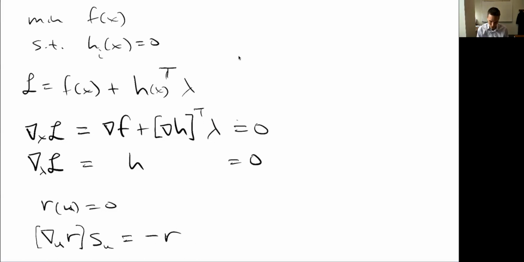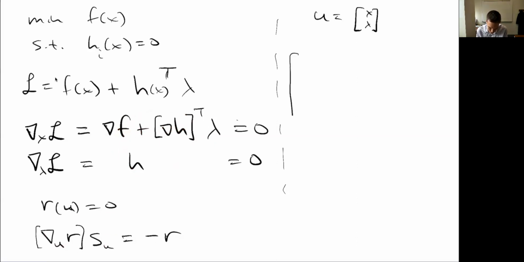In our case, U is just those variables together, both X and lambda, right? Those are both unknown. So you could think of it as just one big set of unknowns, which we'll just call U. So if we take the derivatives, if we take this equation here, these are my residuals, R, and I'm just going to use this formula here.